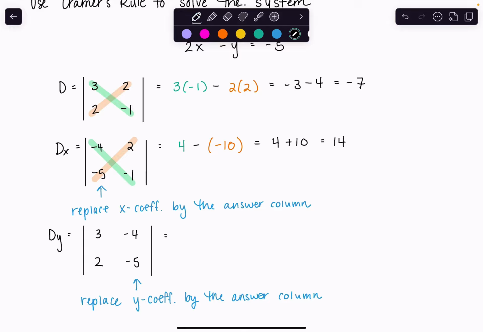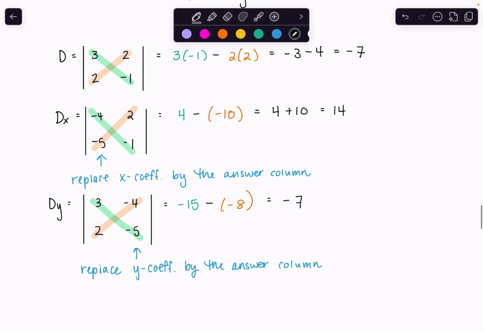And then we go ahead and take that determinant. So 3 times negative 5 gives us negative 15. Subtract the off diagonal, which is 2 times negative 4, and that is negative 8. So that turns into negative 15 plus 8, which gives us negative 7.